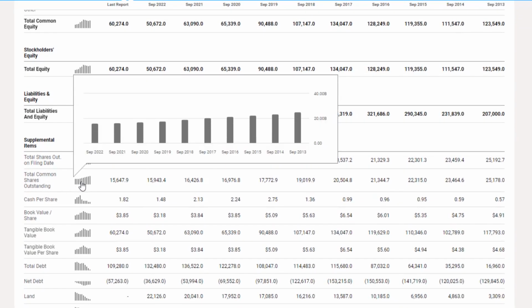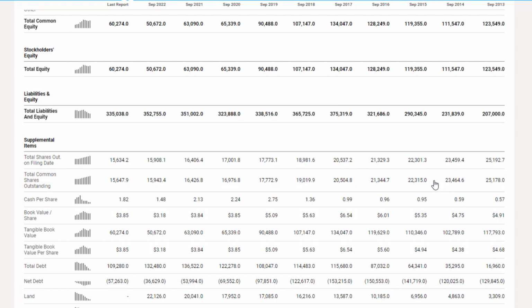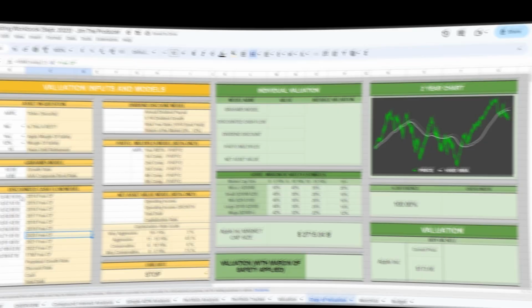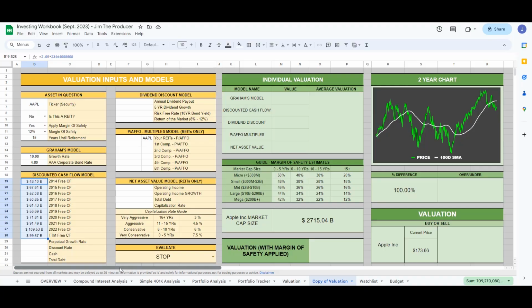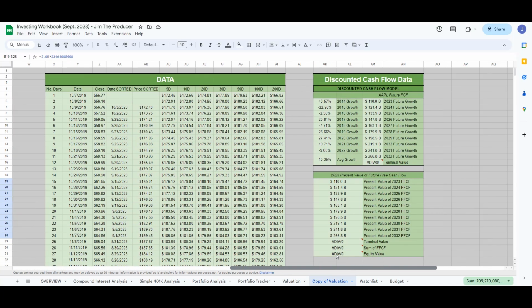You can see there is a slight decline in outstanding shares, and this could be due to some share buybacks from Apple. So take your free cash flow per share number and multiply it by the number of total outstanding shares for each year. And when we do that, we have free cash flow growth like this. Now, the brains of the calculation is happening over here.